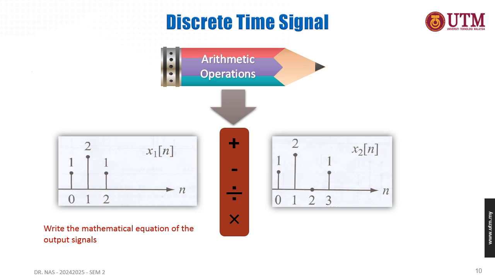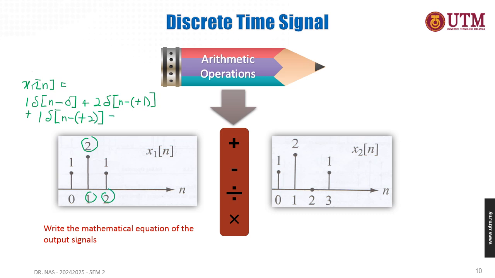When there is more than one signal in a system, there could be operations involved between those signals. The signals may be added, subtracted, divided, or multiplied. Let's try to write down the equation for x1[n] and x2[n]. So x1[n] is equal to the amplitude 1 delta[n minus 0], plus the second one, 2 delta[n minus 1], plus the amplitude 1 delta[n minus 2].